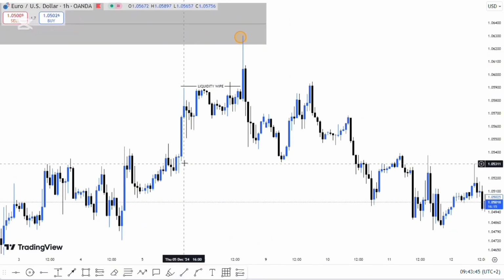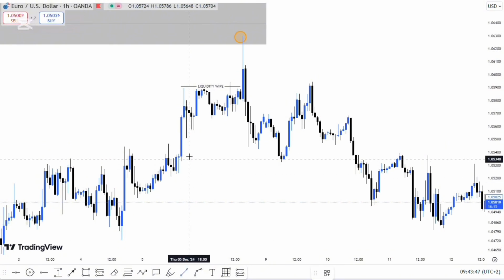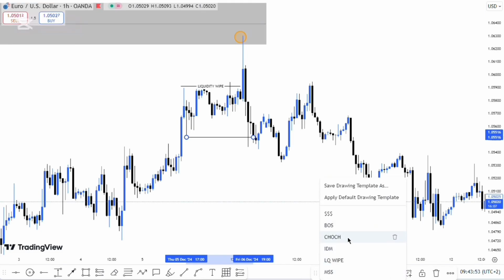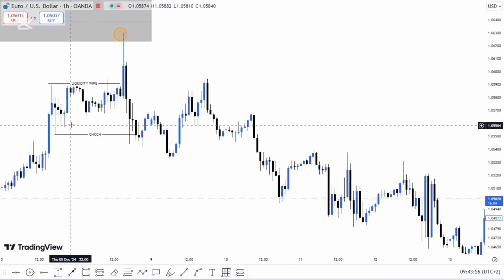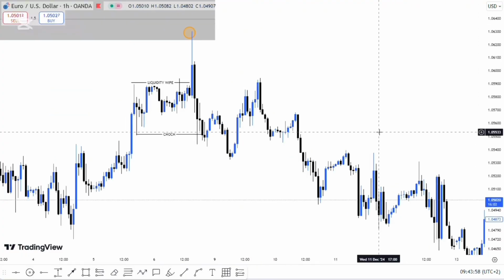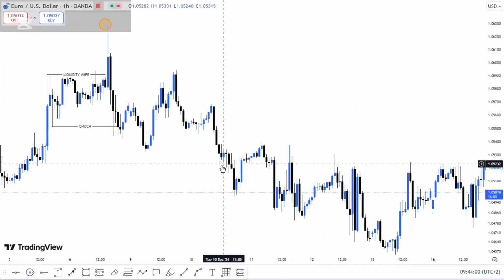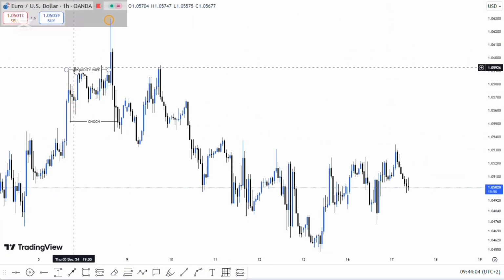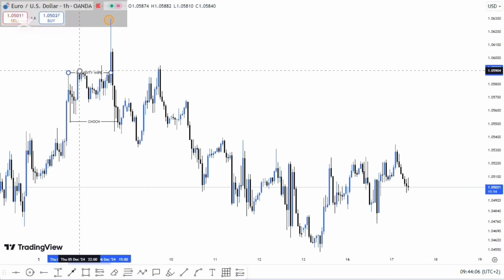And then the second thing we need to do is to wait for a market structure shift or a change of character, which tells us that the trend has changed. As you can see, we have our change of character right there. Looking at this from the 1 hour time frame, the origin is not clear.